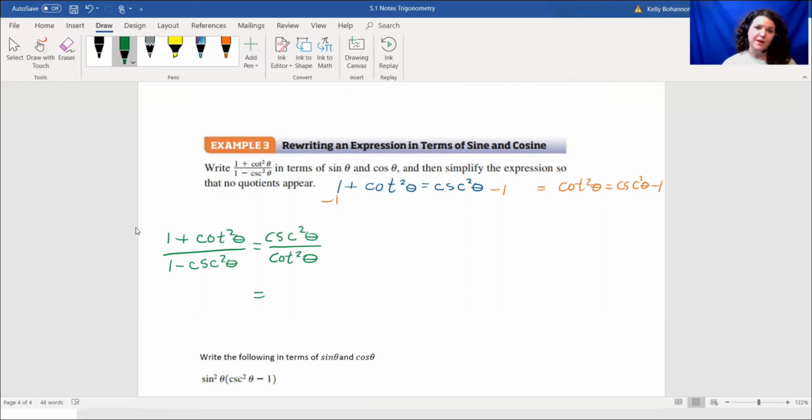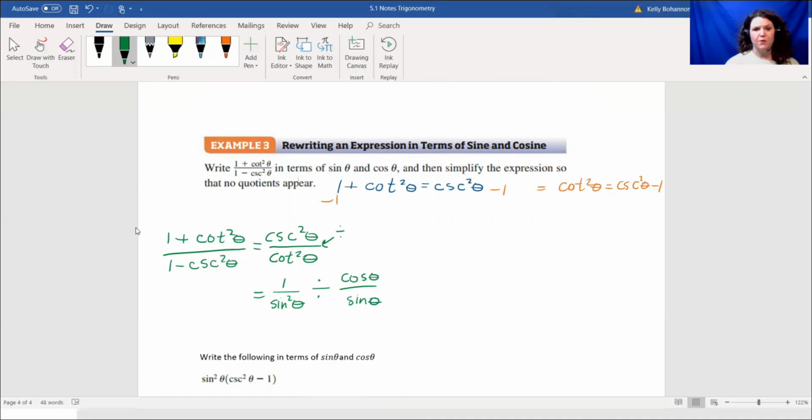I know that cosecant is 1 over sine, so cosecant squared is 1 over sine squared theta. It's division, so divided by cotangent, which is cosine theta over sine theta.